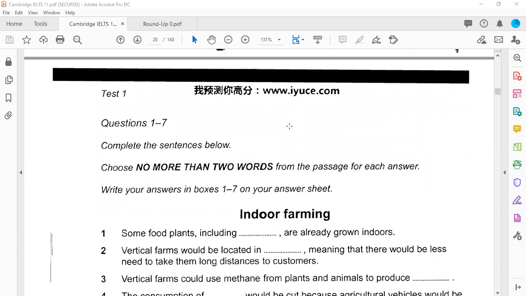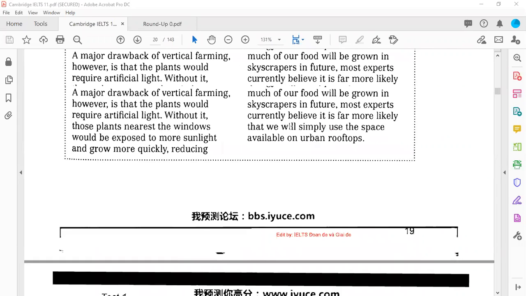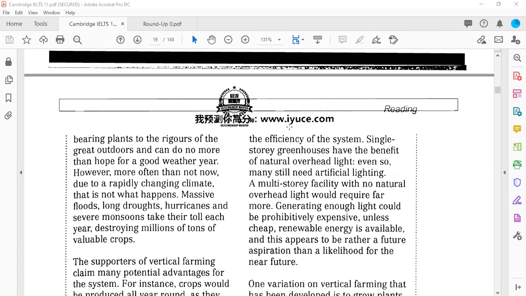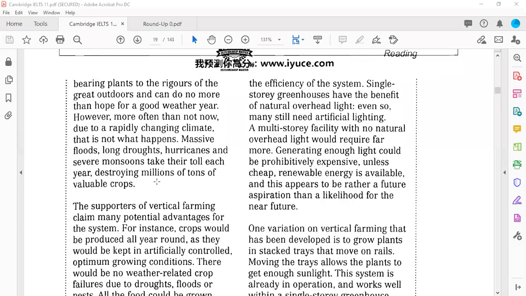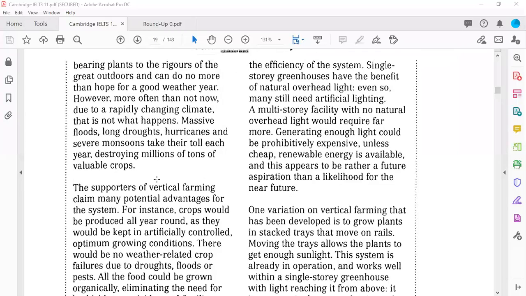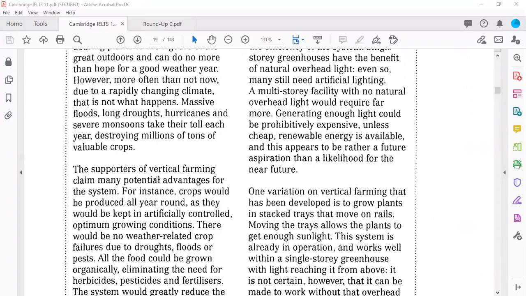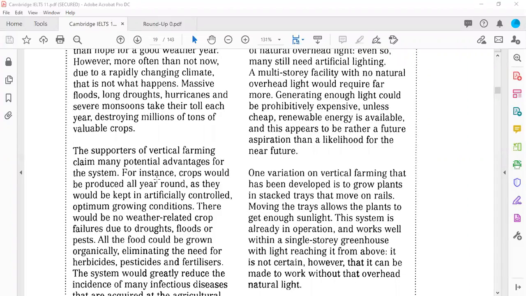Some food plants, including something, are already grown indoors. Plants bred outdoors can do no more than hope for good weather. More often than not, temperature affects food, and each year millions of tons of vegetable crops are lost.